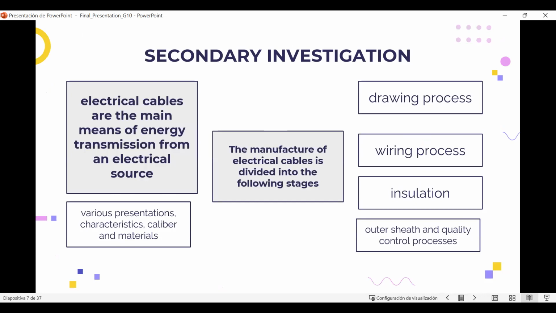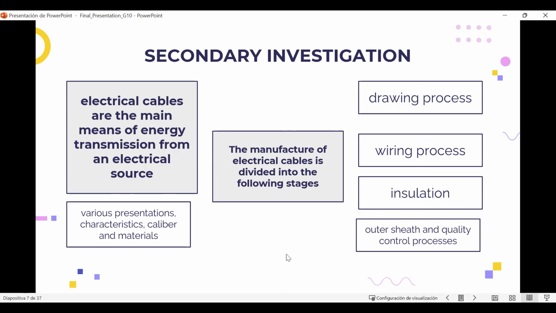Secondary research: electrical cables are the main means of energy transmission from an electrical source to the various devices that require it to operate. So there are many companies that manufacture them in various presentations, characteristics, calibers, and materials.